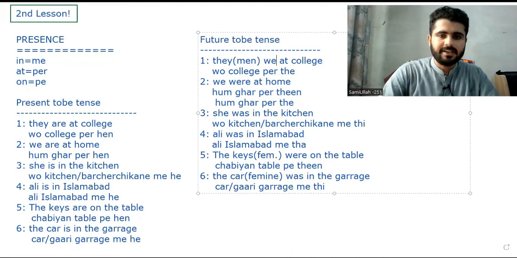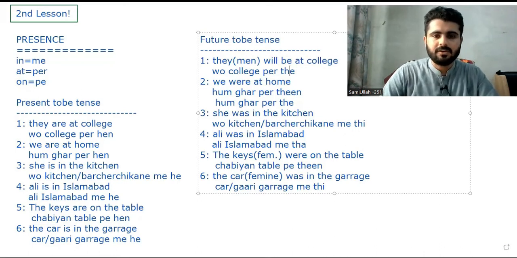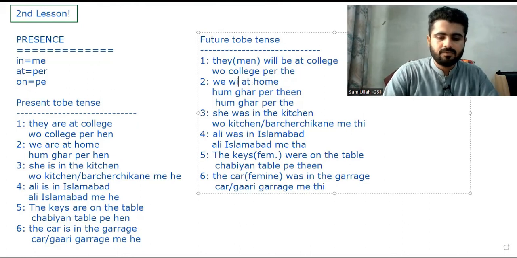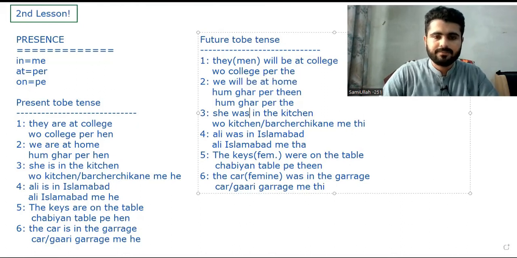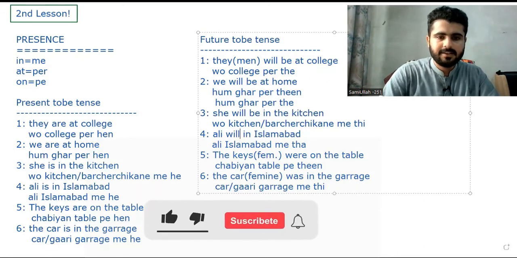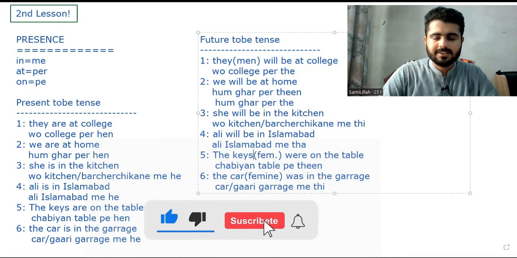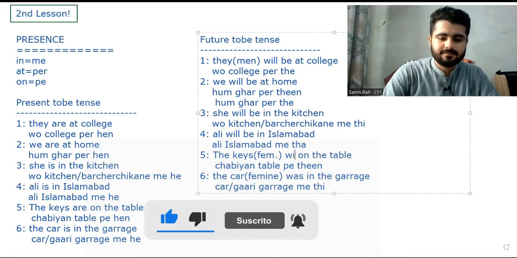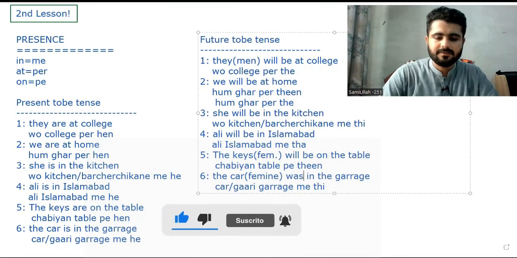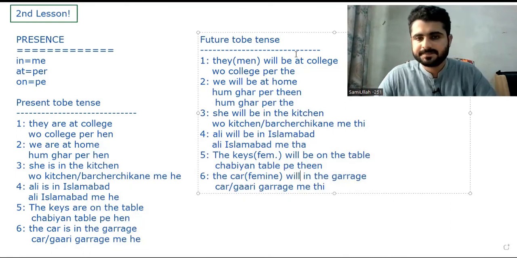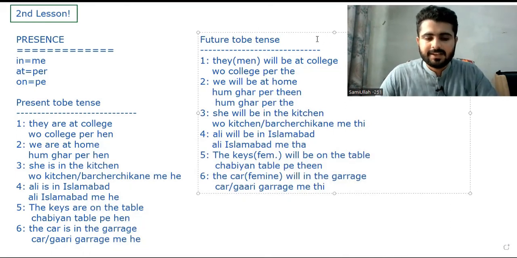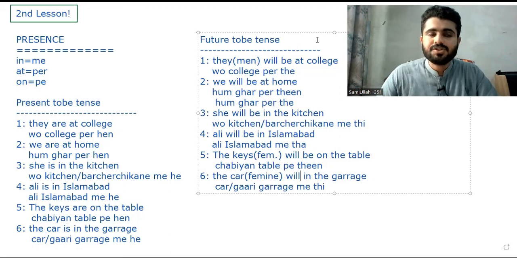If I'm talking about they, so for future: they will be at college, we will be at home, she will be in the kitchen, Ali will be in Islamabad, the keys will be on the table, and last one, the car will be in the garage. Again, in future the helping verb in English is only "will be". Like in past we have was, were, present is am, is, are, but in future we have a single "will be".